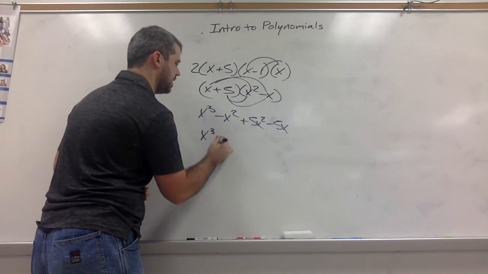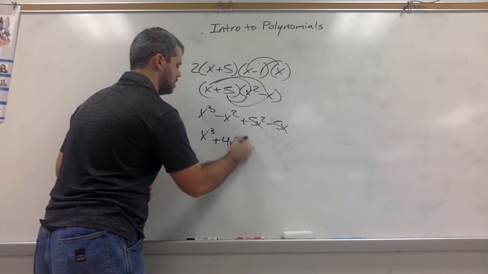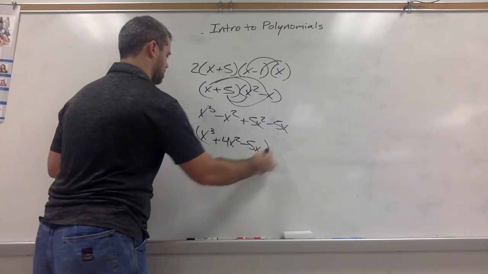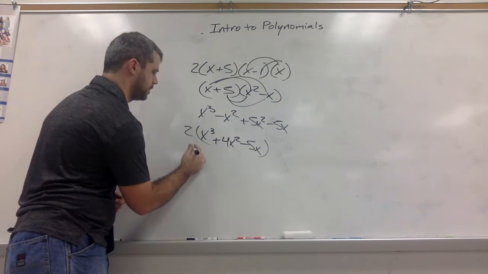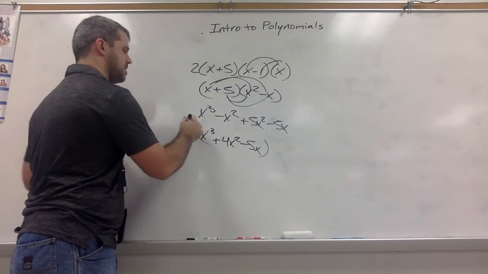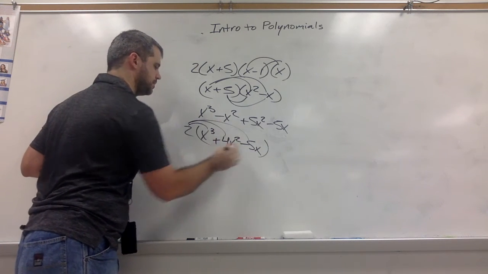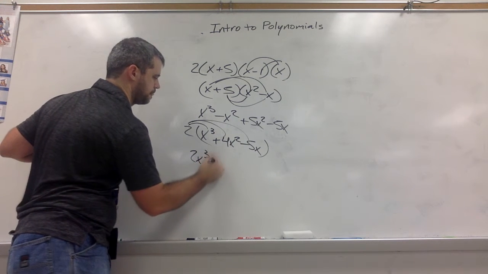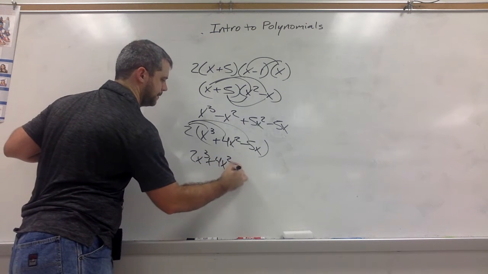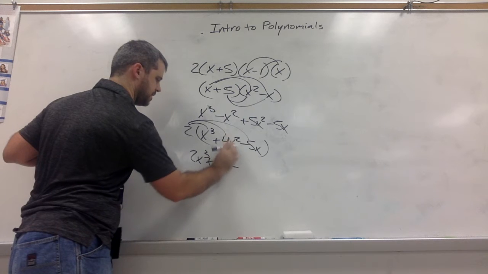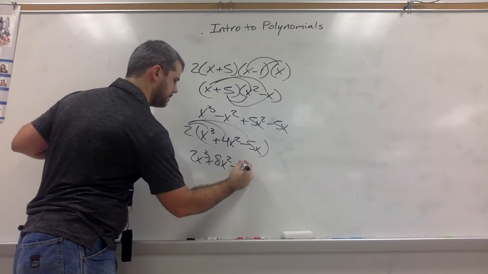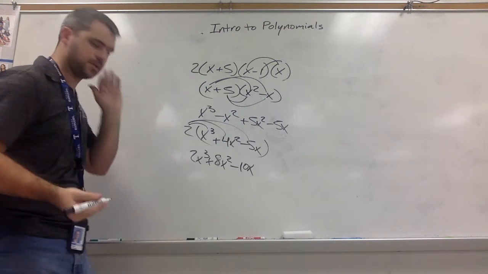Combine this, we get that. Then I distribute my 2. Oh, 8x squared minus 10x.